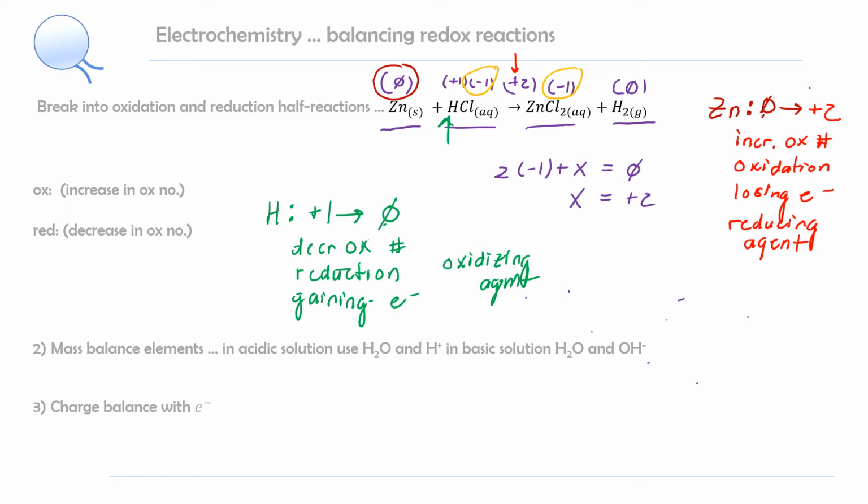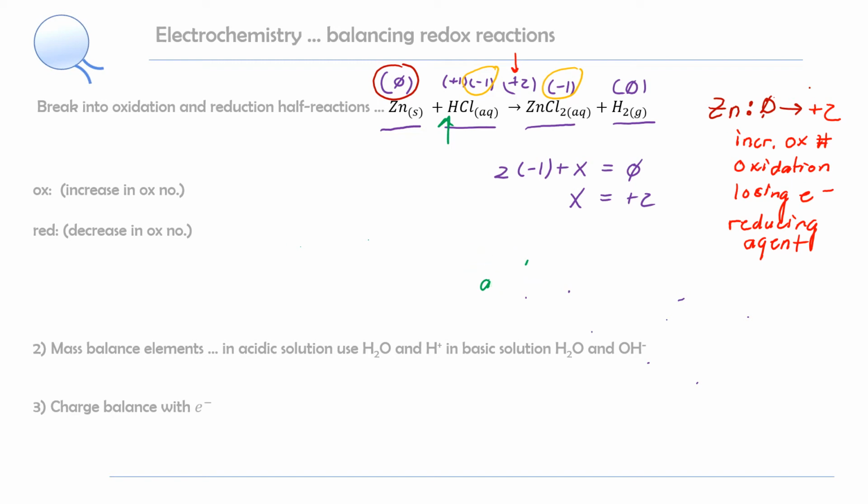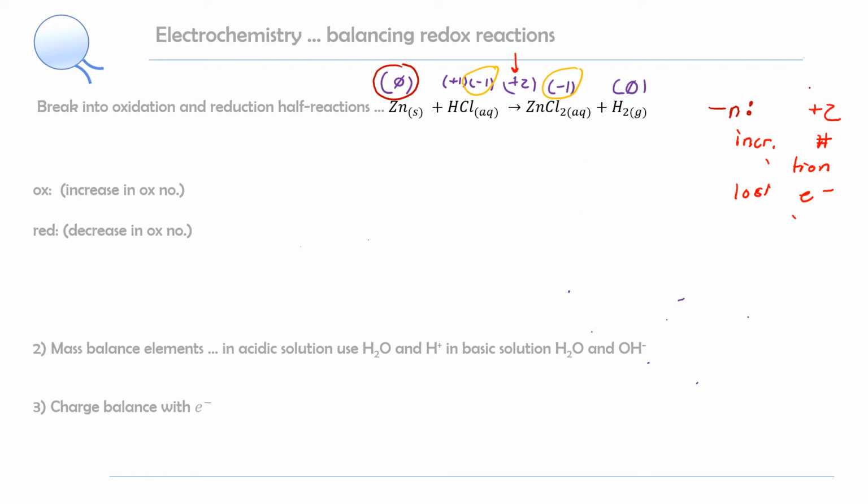Okay, so one thing about redox reactions, when we talk about which substance is undergoing reduction and which one is undergoing oxidation, you go in and you assign the oxidation numbers to individual elements, and then we know which substance is undergoing reduction and oxidation. So basically the zinc is undergoing oxidation, hydrochloric acid is undergoing reduction.